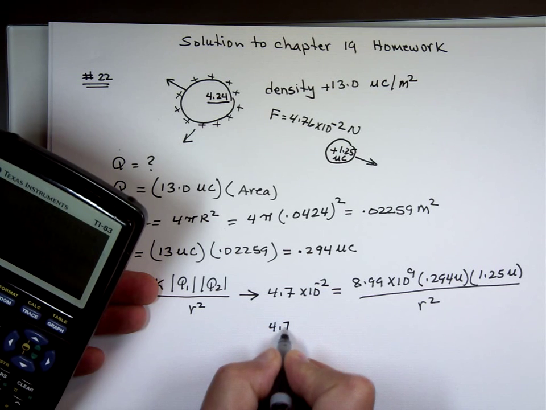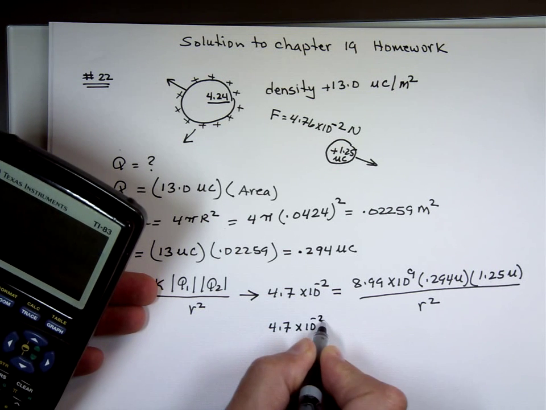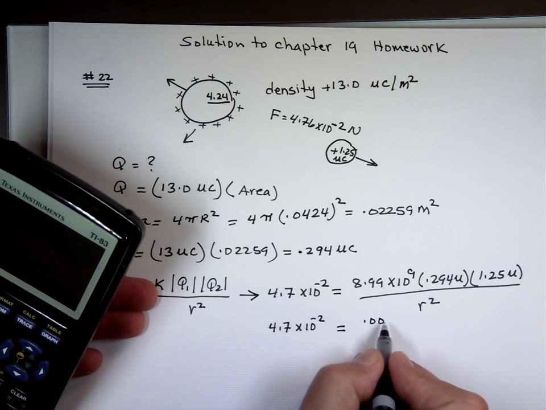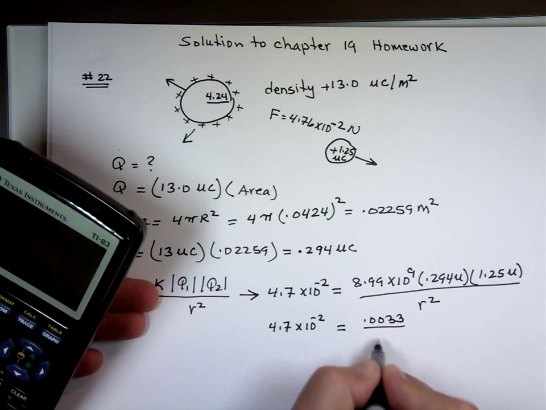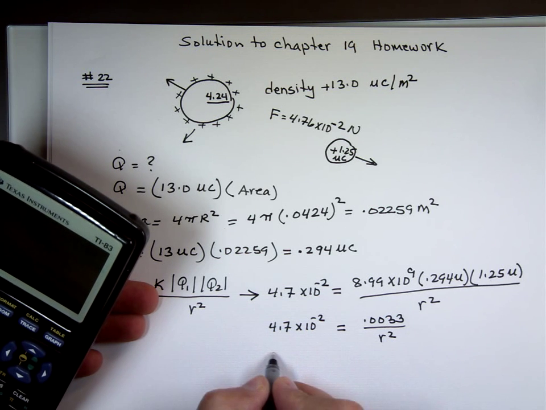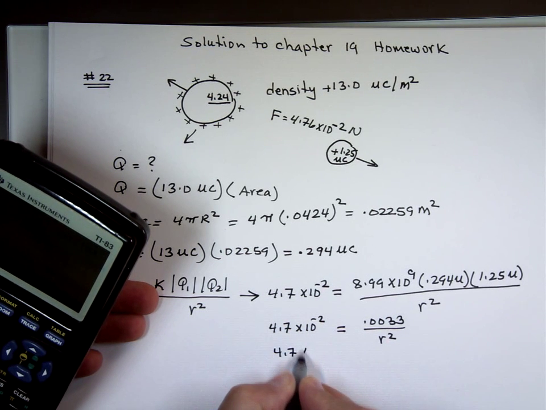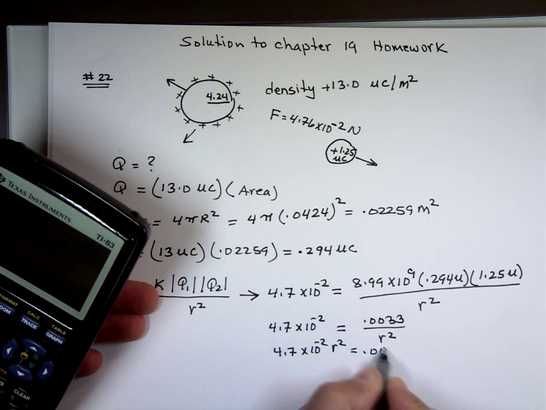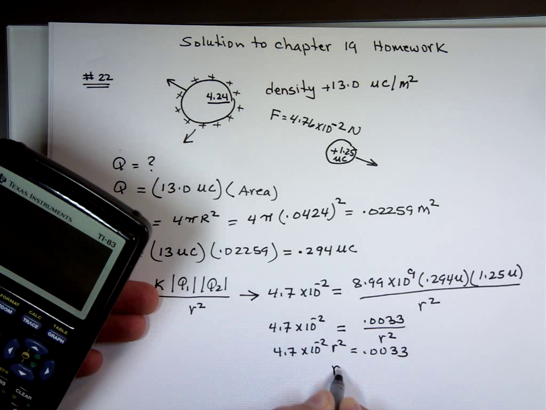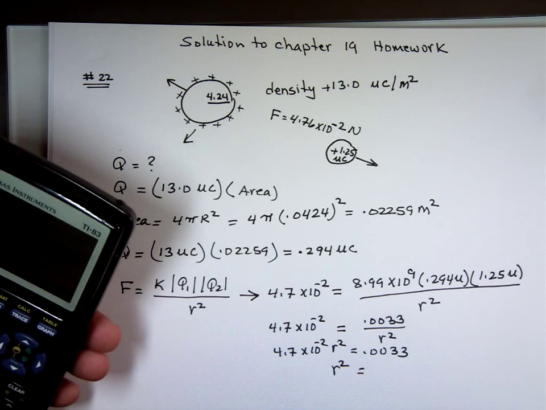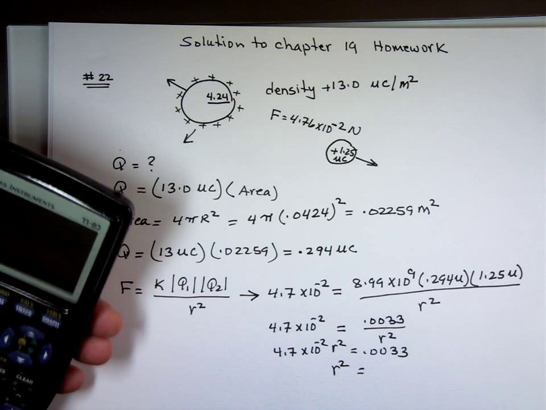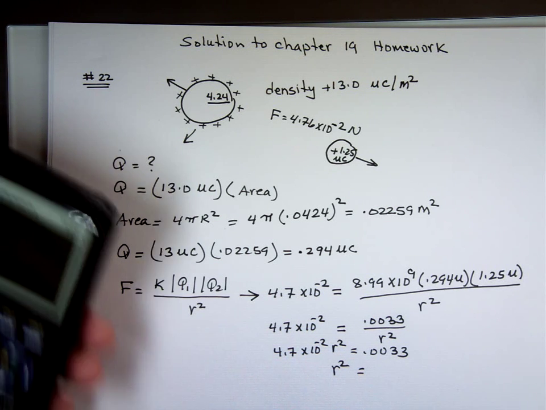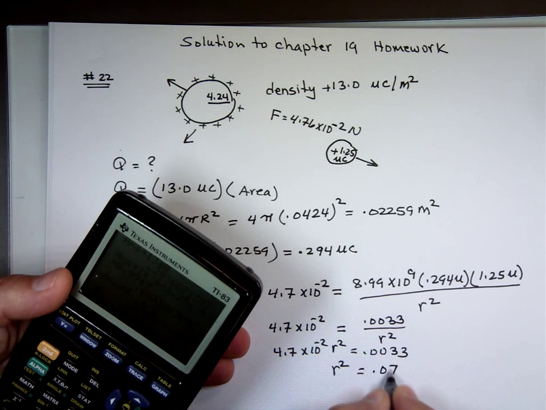So 4.7 times 10 to the negative 2 equals 0.0033 over R squared. 4.7 times 10 to the negative 2 R squared equals 0.0033. R squared equals 0.070.